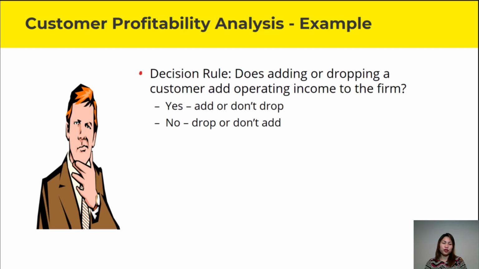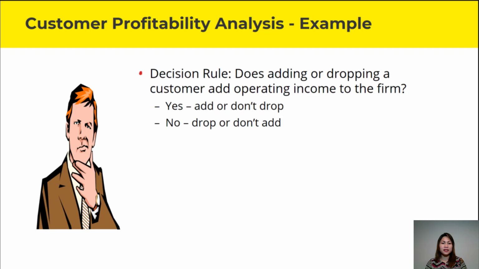The decision rule in assessing customer profitability is whether you want to add a customer group or drop a customer group. Think about whether adding or dropping a customer group will add operating income to the firm. If it adds, then do not drop them.